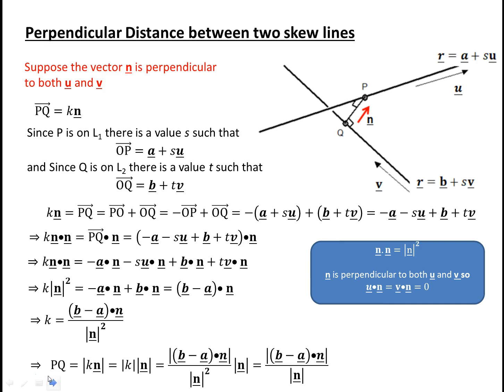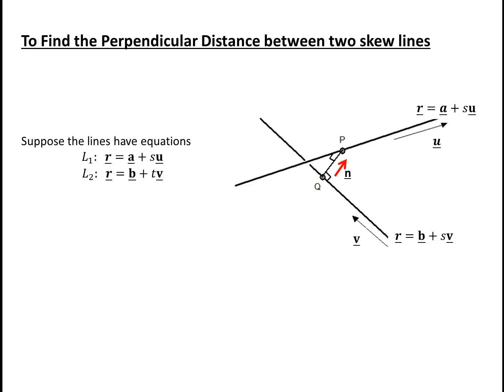And this now gives us the strategy for finding the perpendicular distance between two lines. We first of all need to find a vector n, which is perpendicular to both the vectors u and v.